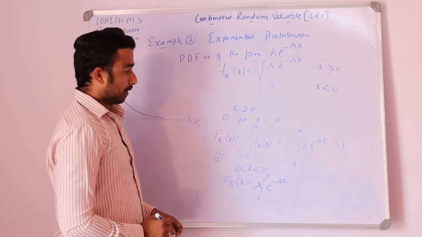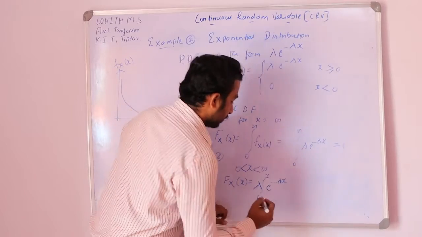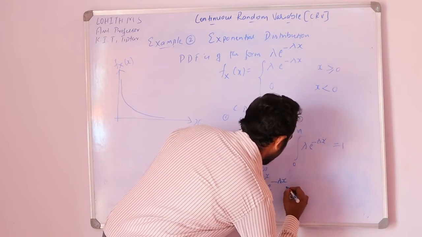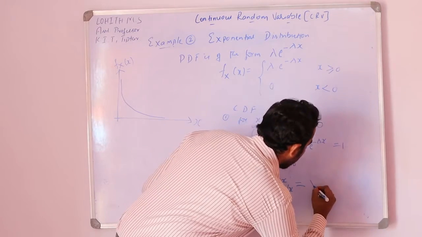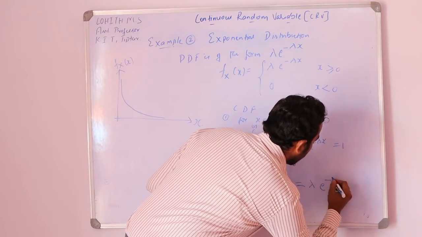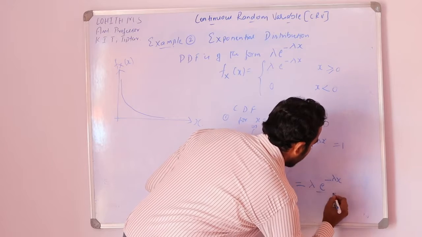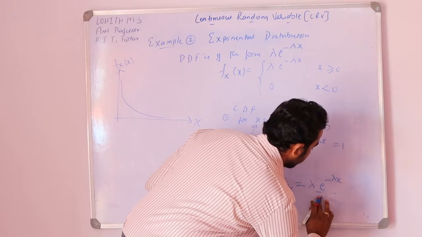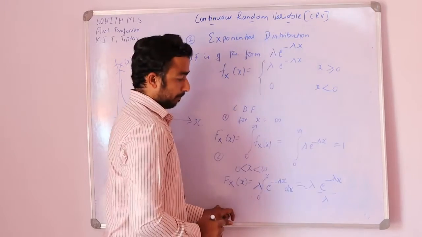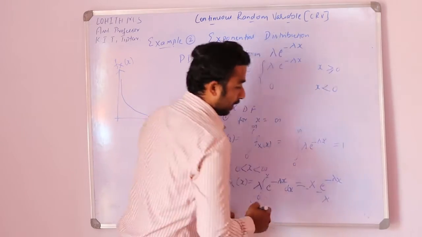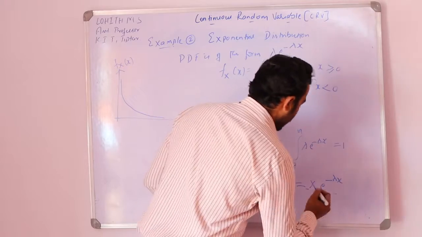If I integrate this, I'll get lambda e power minus lambda x divided by minus lambda. So we will have a minus here. If I cancel this, I'll get e power minus lambda x.